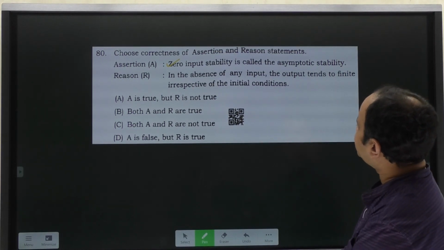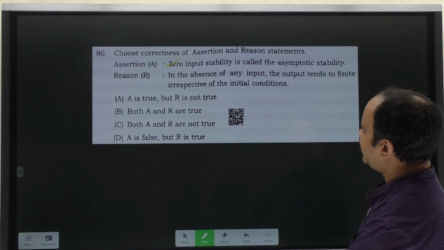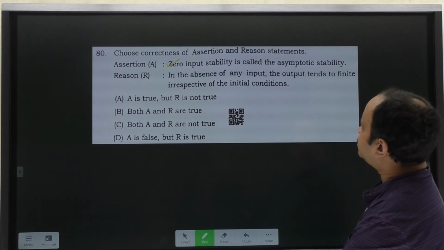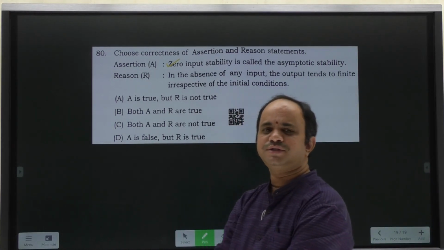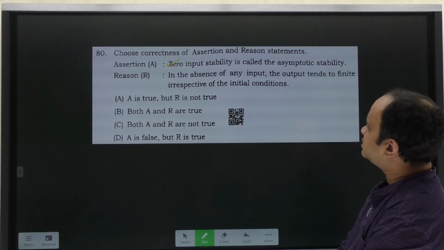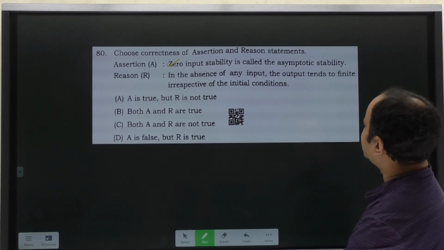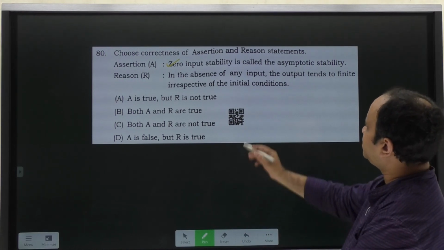Now, in the absence of any input the output tends to finite irrespective of the initial conditions. Basically, control systems deal with causal systems. Whenever there is no input given, the output is finite irrespective of the initial condition.